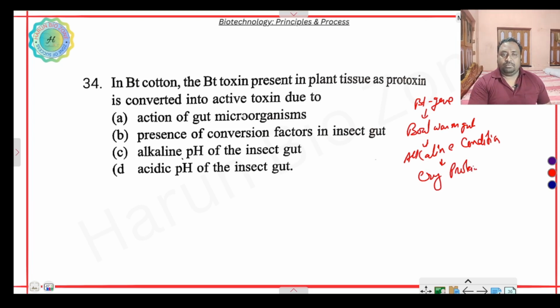Action of gut microorganism, not. Presence of conversion factor in insect gut, not. Alkaline pH of the insect gut is the main cause to activate this Bt toxin, but in the case of humans there is an acidic gut, so no harmful effect.